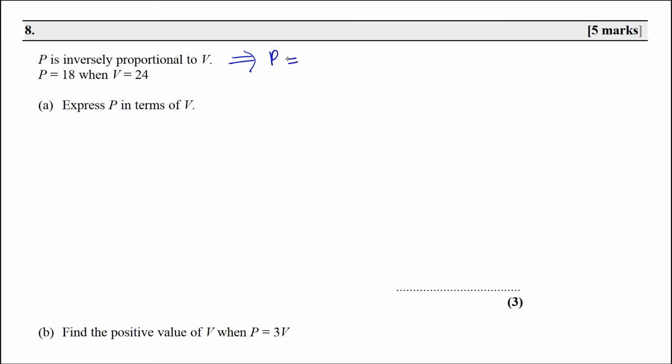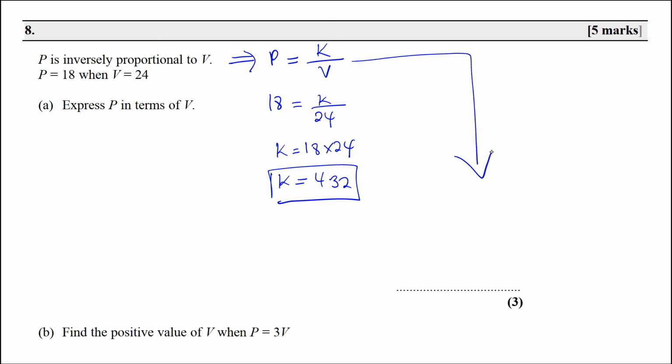So P will be equal to K over V. Now it's given that P is equal to 18 when V is 24, so K will be equal to 18 multiplied by 24, which means that K will be equal to 432. So the required equation will be P equals 432 over V.